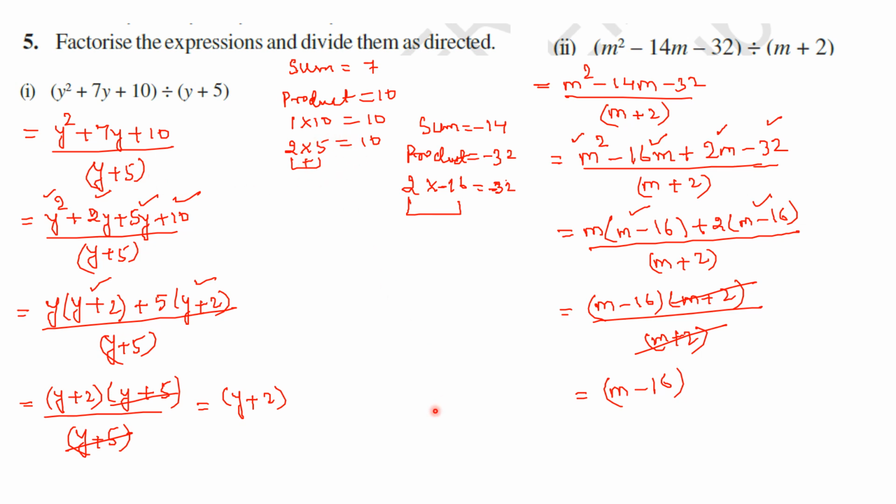So this is like a small clue which you can use. If you are getting stuck and you are not able to find which two numbers to use whose sum will give minus 14 and product will give minus 32, you can just try this method also. So it will become easier. Now moving to the next question.